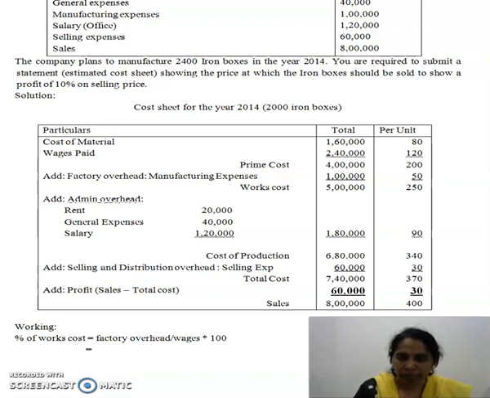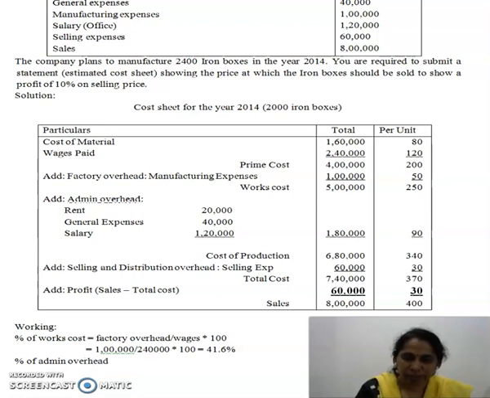Factory overheads are 1 lakh and the wages are 2,40,000, into 100, which is coming 41.6%.